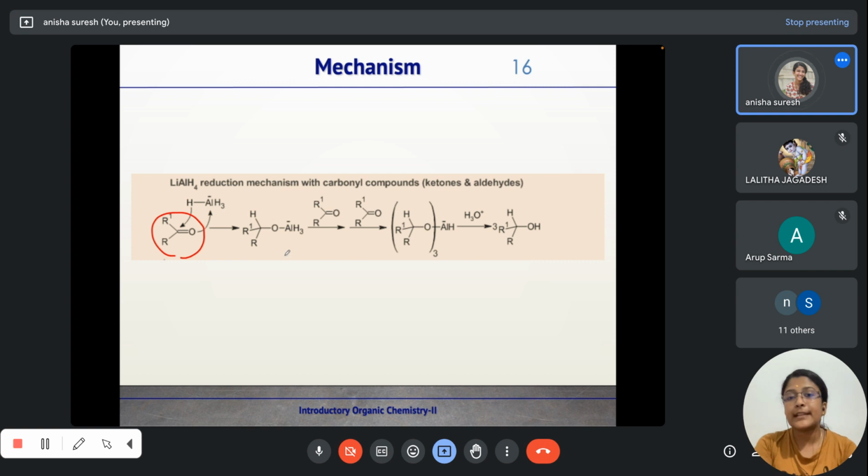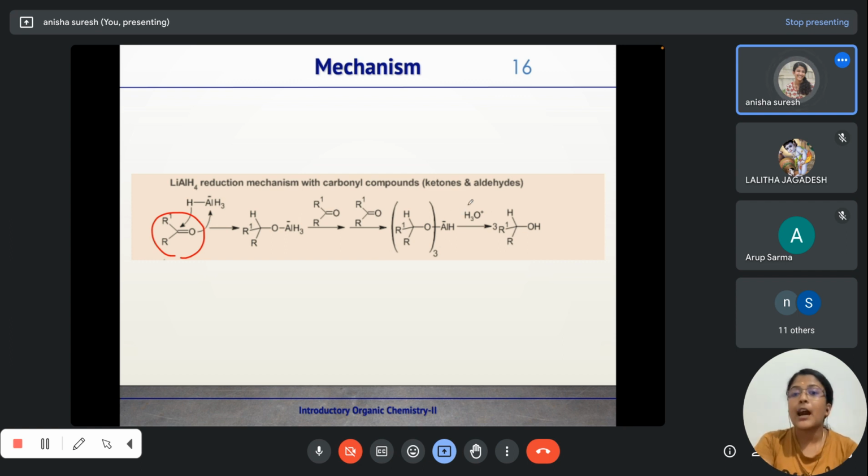Since LAH has four hydrogens that can be involved in reduction, two more times or three more times it can take place.